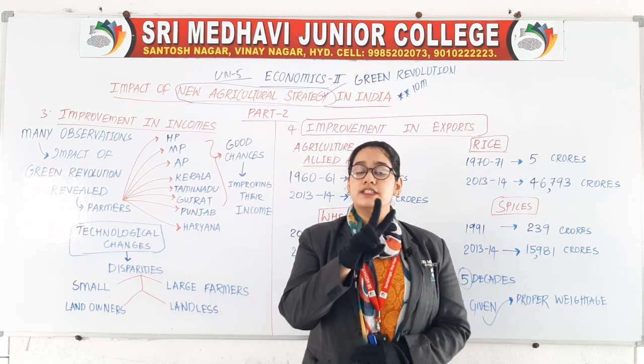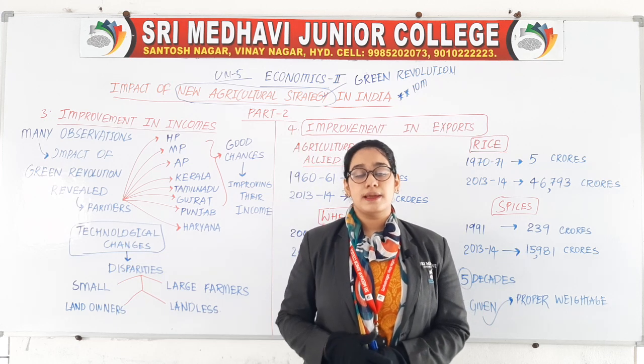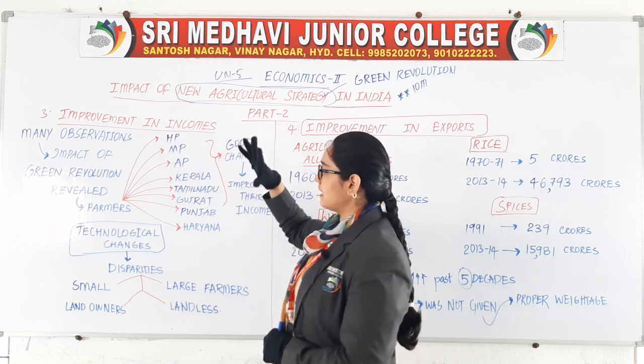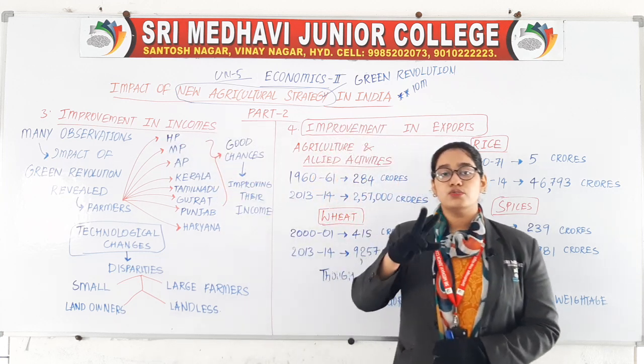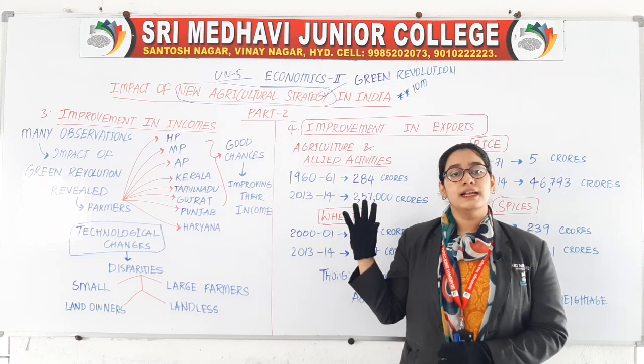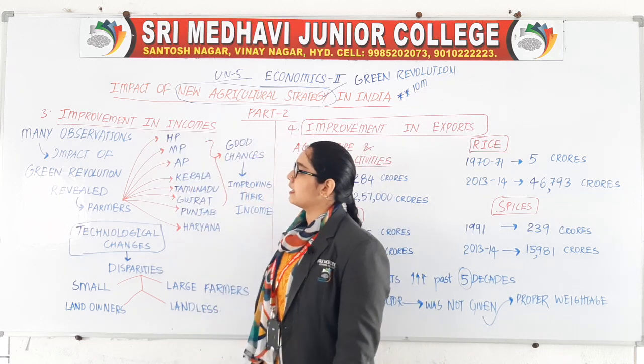So 2 points we have discussed: increase in food grain production, and the second one was employment. Coming to the third one, improvement in incomes. Part 1 were 2 points, and in part 2 we have the remaining 2 points, and this topic will complete. Let us see. Improvement in incomes.